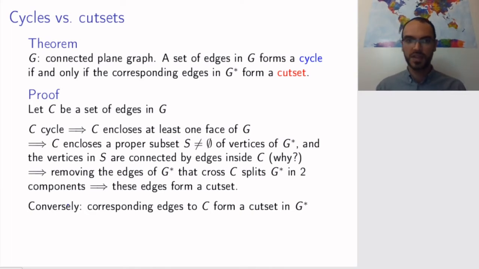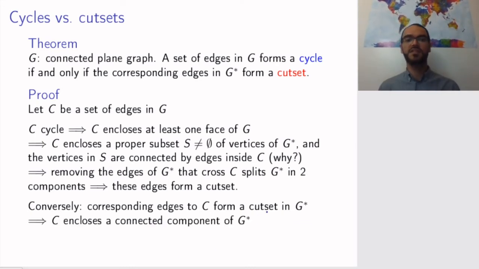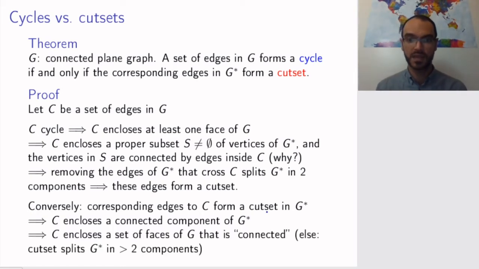Conversely, we're proving an if and only if statement, so we have to show that if the corresponding edges form a cutset, then C is a cycle. So if the corresponding edges form a cutset, it means that removing them will separate the vertices of G star in two components. So this means that C encloses a connected component of G star.